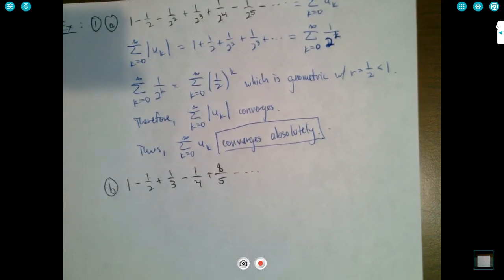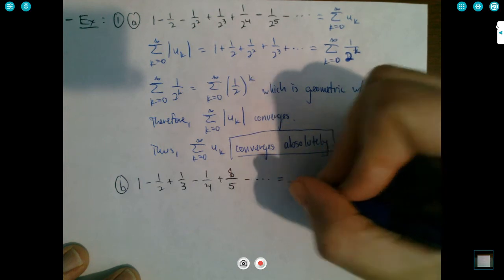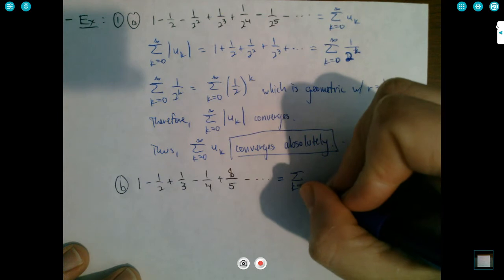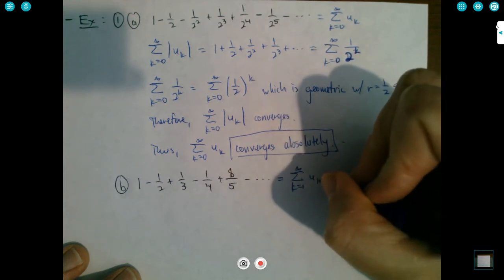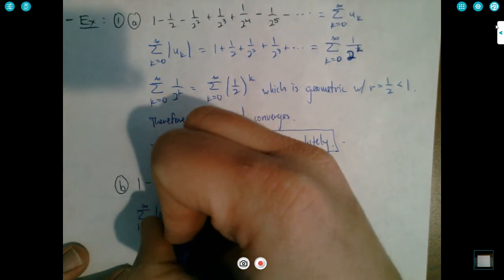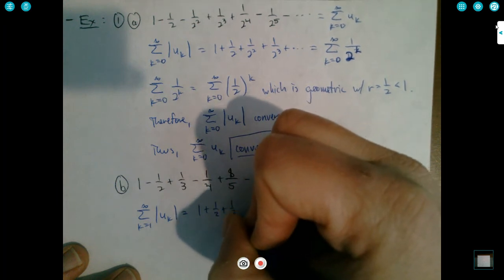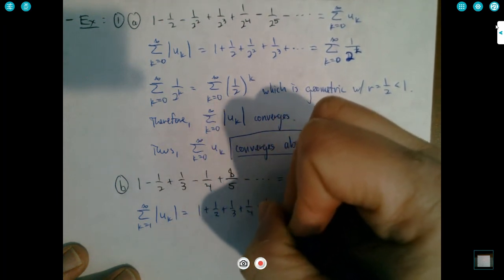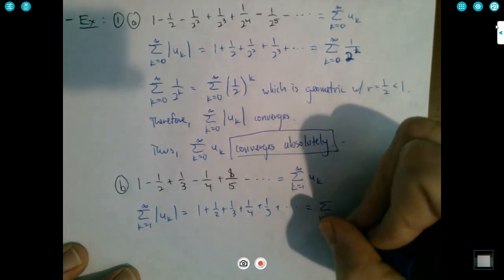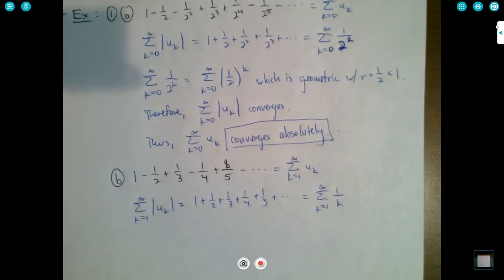If I again call this the sum from k equals 1 to infinity of u_k, then the sum from k equals 1 to infinity of the absolute value of u_k would be 1 plus 1/2 plus 1/3 plus 1/4 and so forth. And that's just the sum from k equals 1 to infinity of 1 over k.